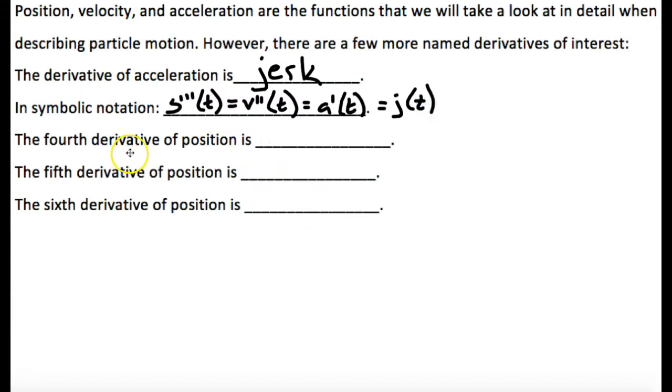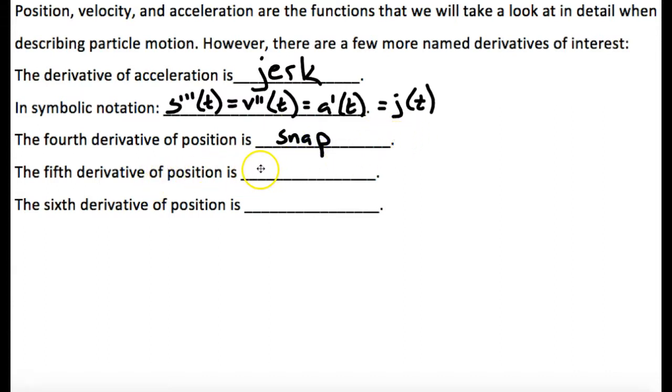Now, these ones, the fourth, fifth, and sixth derivatives of position. So the fourth derivative would be the derivative of jerk. This is actually called snap.